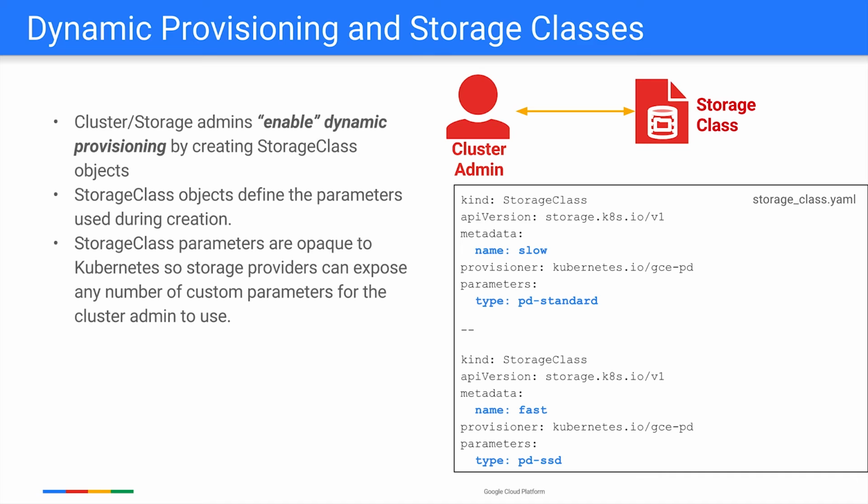Cluster admins can define multiple storage classes to expose different tiers or groupings of storage to cluster users, and users don't have to worry about the details. So in this case, the cluster admin exposed what they called fast and slow storage, and application developers don't have to worry about the details of what that means under the covers. They just pick from the storage classes that are exposed to them.